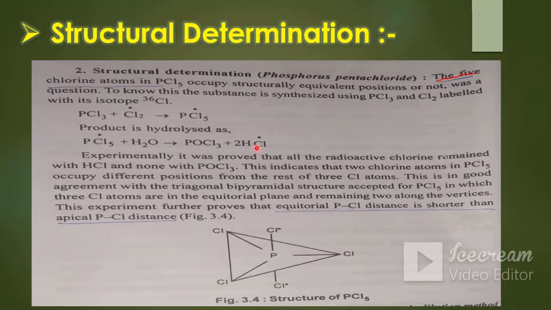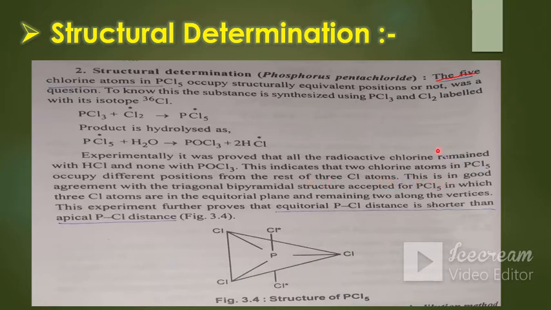Experimentally, it was proved that all the radioactive chlorine remained with HCl and none with POCl3. This indicates that 2 chlorine atoms in PCl5 occupy different positions from the rest of the 3 Cl atoms.